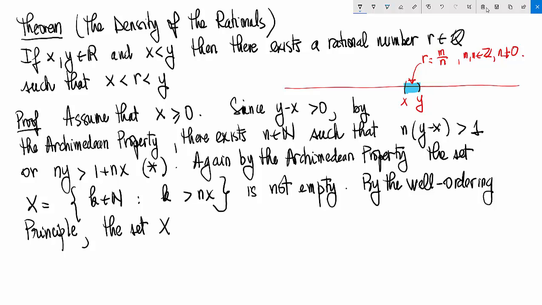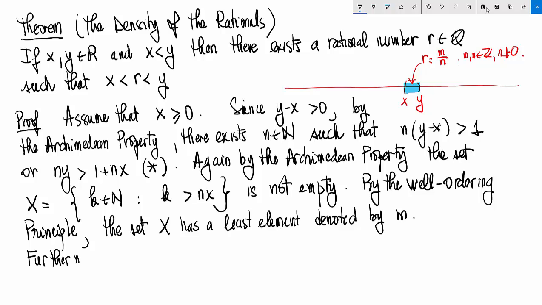So the set X has a least element, and we'll call such an element little m. Furthermore, little m minus 1 is not in the set, because little m is the least element. So it must then be less or equal to nx.